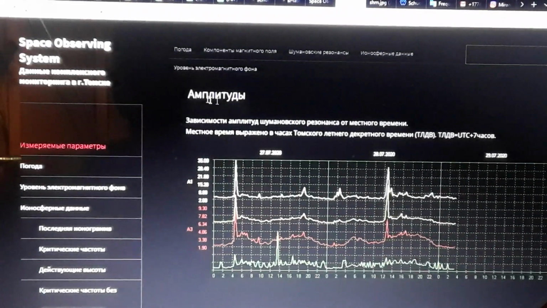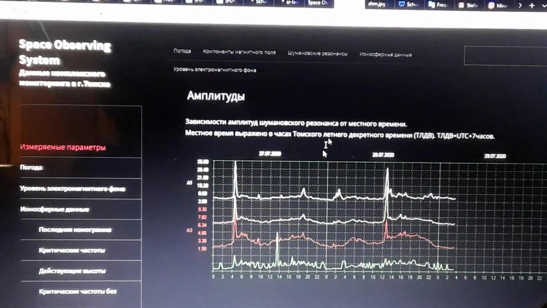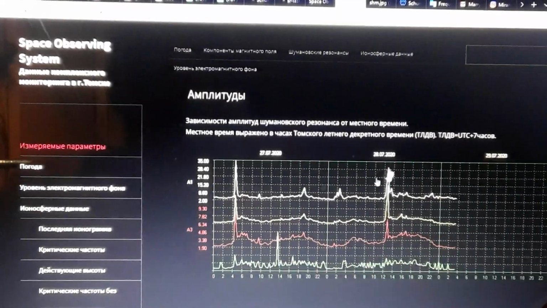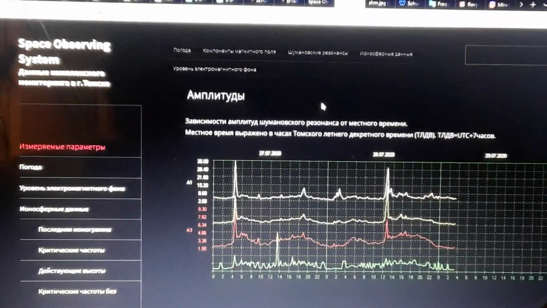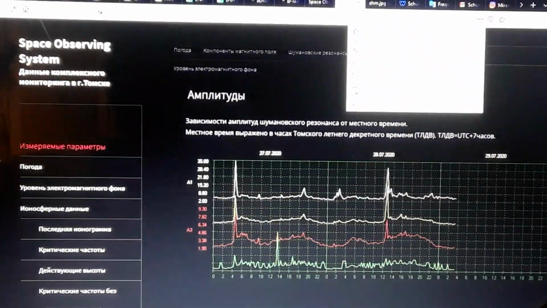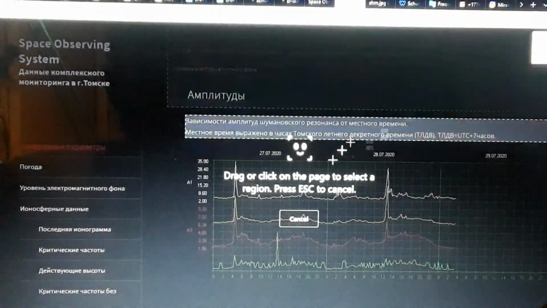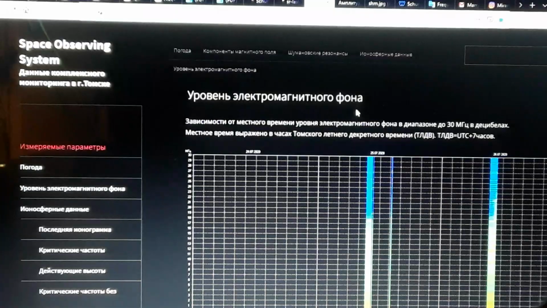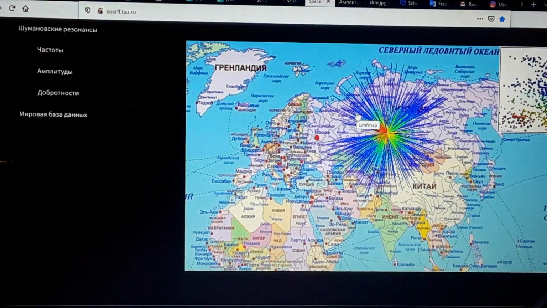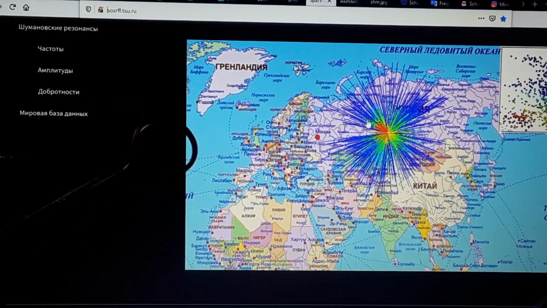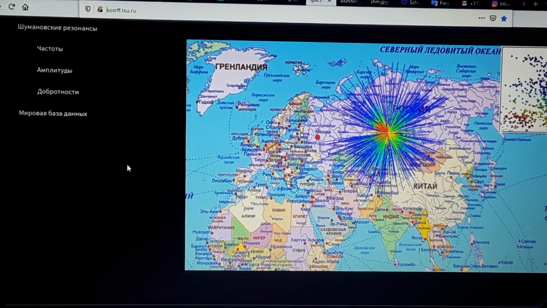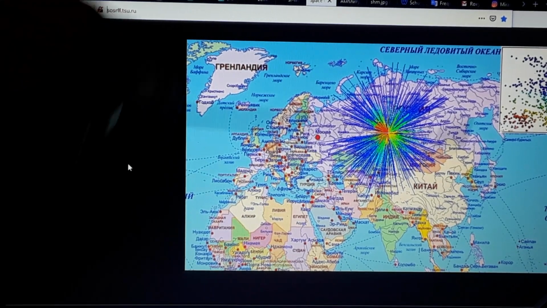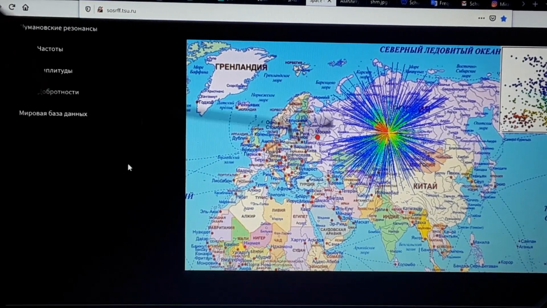I know this is Amplitude because I recognize the A, but I keep it in the Russian. There you go, A, okay. And then I do a screen very simply, take a screenshot, bing, bing, cancel. All right, so there you go. So this right here, it's important to know, this is the background radiation. They check the background radiation. So you can see that's how far out their antennas go, in theory, that they're able to capture.